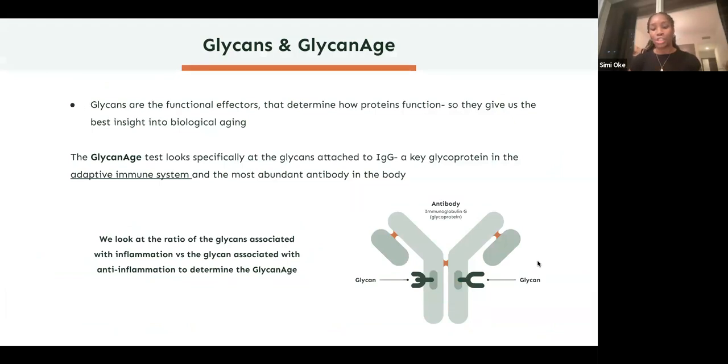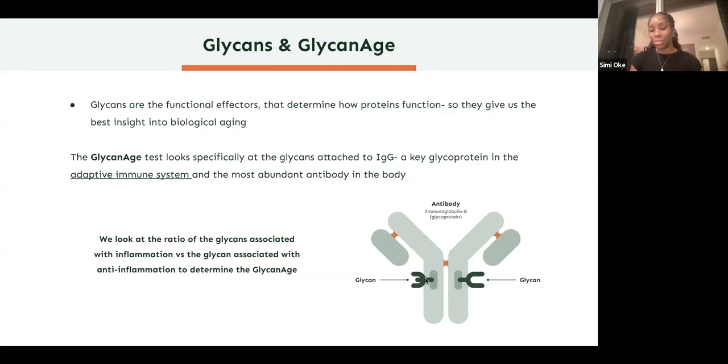So again, just to give you a diagrammatic view of that, with the GlycanAge test, what we're looking at specifically is the adaptive immune system. We look at the glycans on the surface of your IgG, and this is a picture of a glycan just here. As your body is exposed to different levels of chronic inflammation, these glycans on the surface of your IgG change.